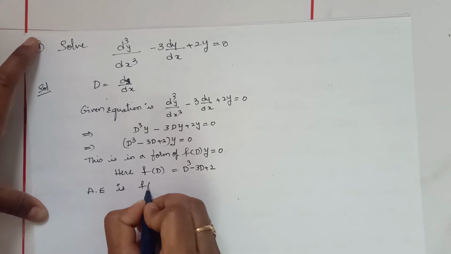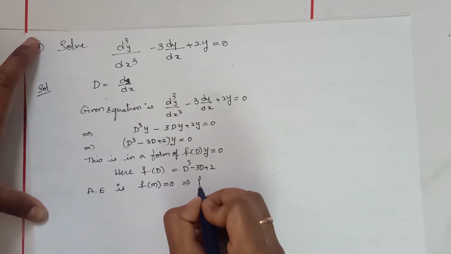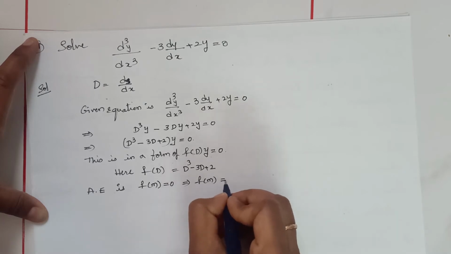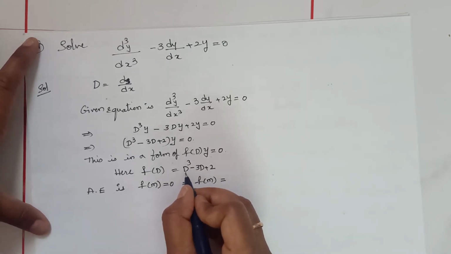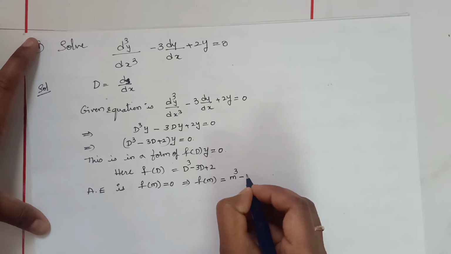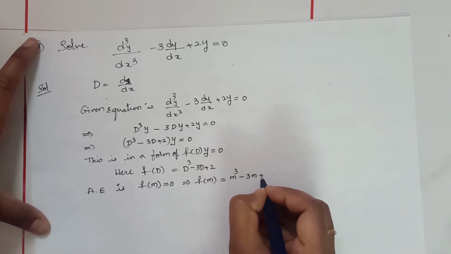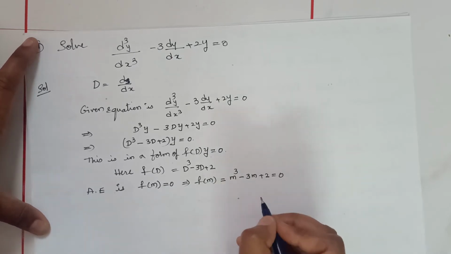The auxiliary equation is f(m) = 0. How do you get the auxiliary equation? By substituting D = m. This equation becomes m^3 - 3m + 2 = 0, which is the auxiliary equation.